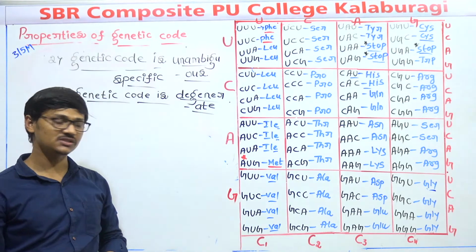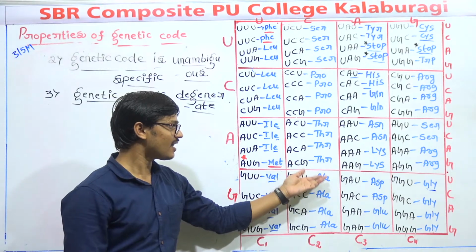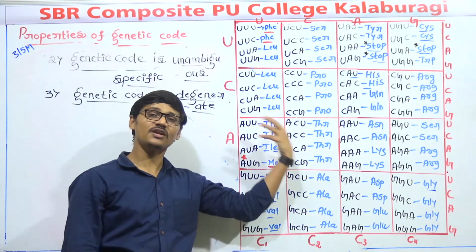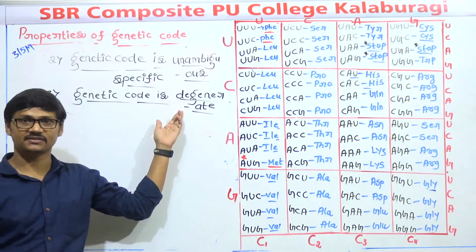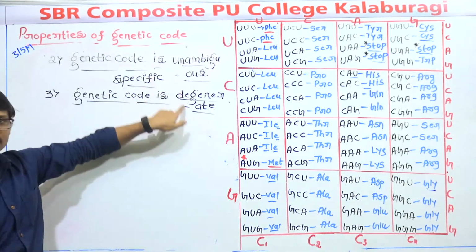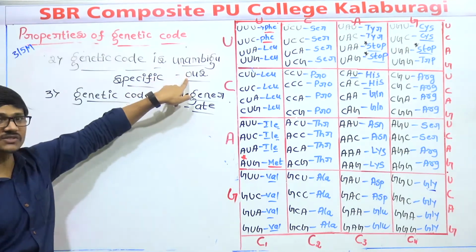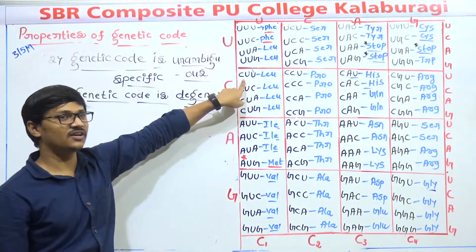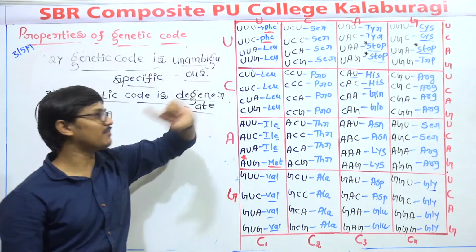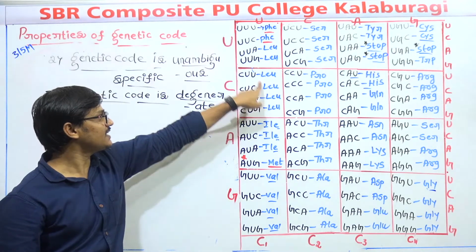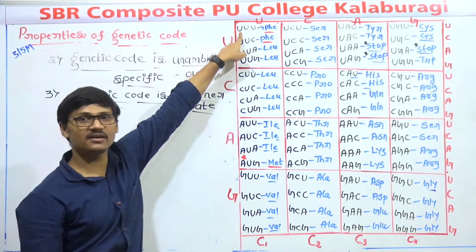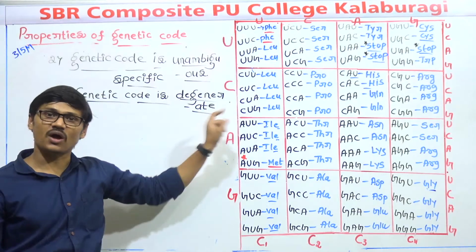It means sometimes a single amino acid is coded by more than one codon, then it is called degenerate. Both are exactly opposite. Unambiguous means a particular codon will code for only a particular amino acid, but degenerate means sometimes a single amino acid is coded by more than one codon.